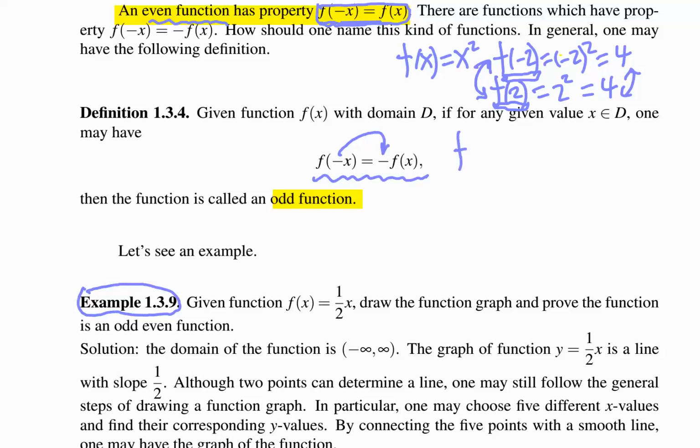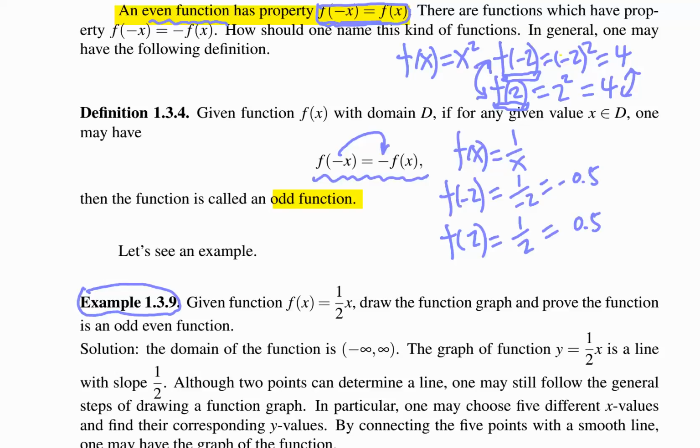For example, f of x in this case can be 1/x. If we plug in, let's say, -2 here, we then have 1/-2, which is -1/2, which is -0.5. If we plug in 2 here, we then have 1/2, which is +0.5.